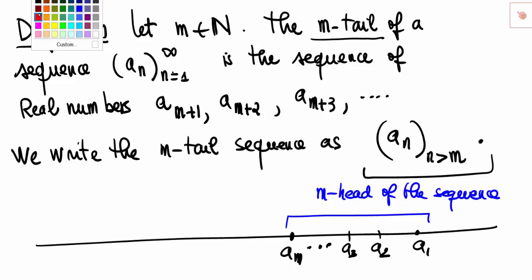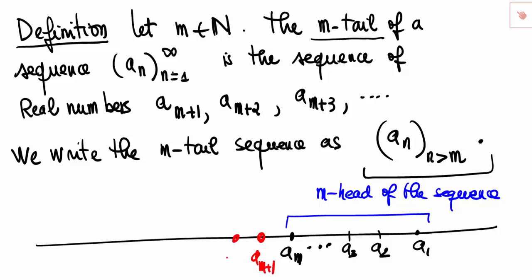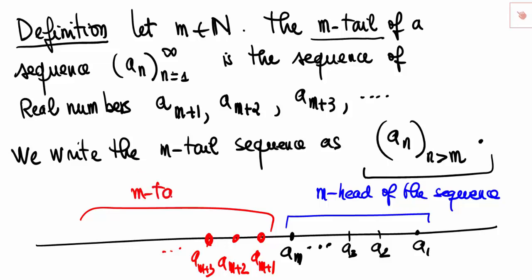What happens if we remove the M-head of our sequence? Then we get the M-tail. So this will be a_{M+1}, a_{M+2}, a_{M+3}, and so on. Right? So this here will be the M-tail of the sequence.